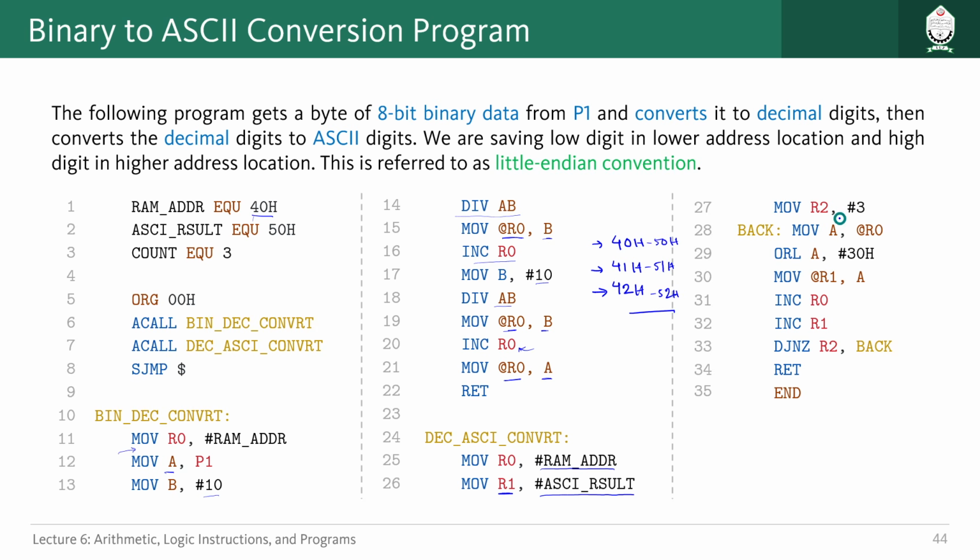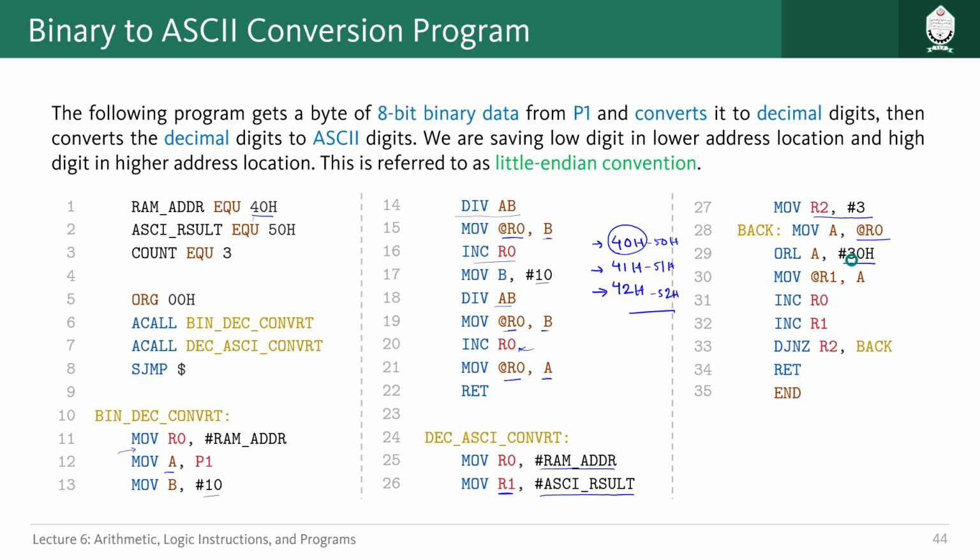For that we are initially storing the counter because our loop will run 3 times. And then we are taking data with indirect addressing. R0 holds 40H, so from the 40H location we are going to move one data into A. Basically in the 40H location one of the decimal values is stored, and that value will be ORed with 30H.